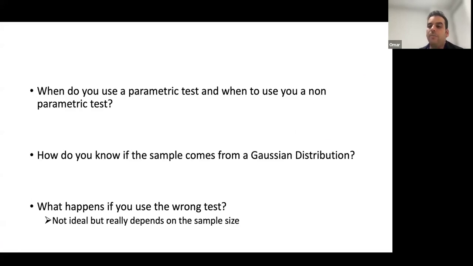It is not ideal, but it really depends on the sample size and what test they've applied to that sample size. That's all you need to know. It doesn't mean that it is 100% wrong. It just means that you have to investigate why the wrong test was used.